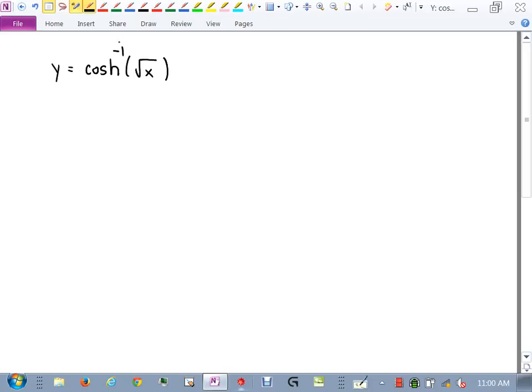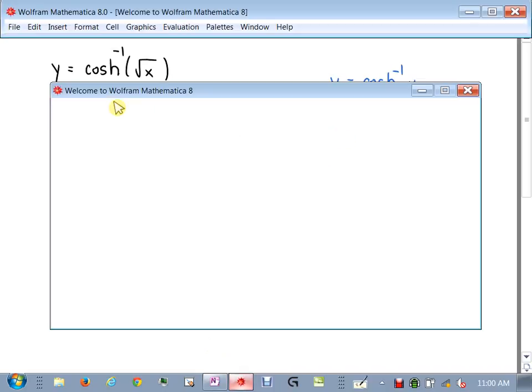So you would want to refer to your formula sheet, which I don't believe I have mine with me. But if y is equal to cosine hyperbolic inverse of x, what is the derivative according to the formula sheet? And we didn't have to prove those. It'll be in my notes, so let me bring that up.